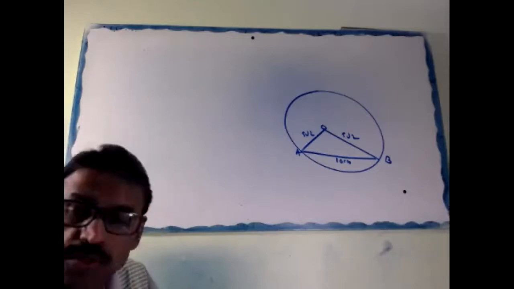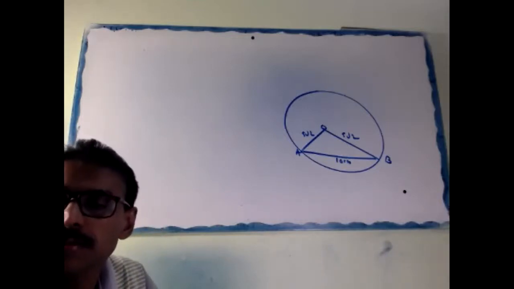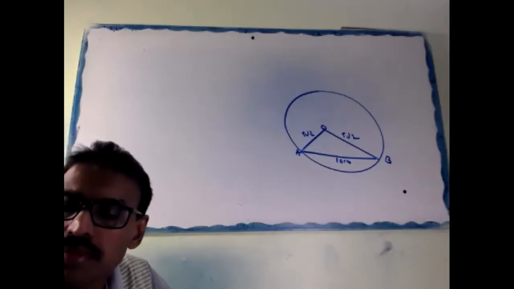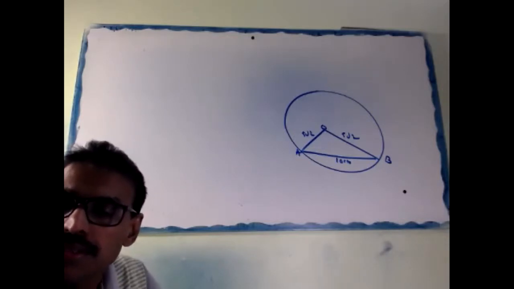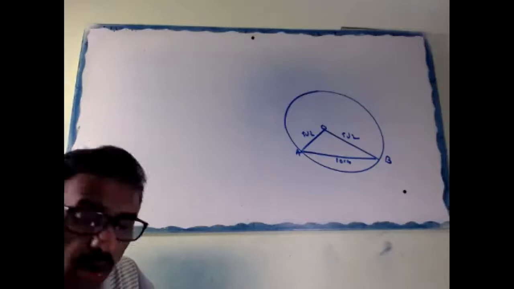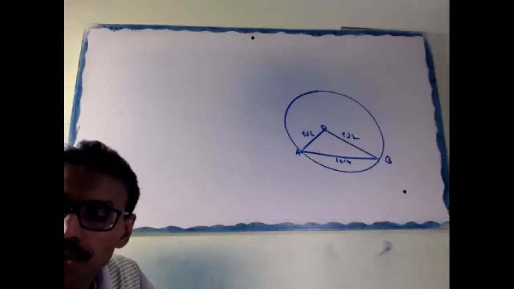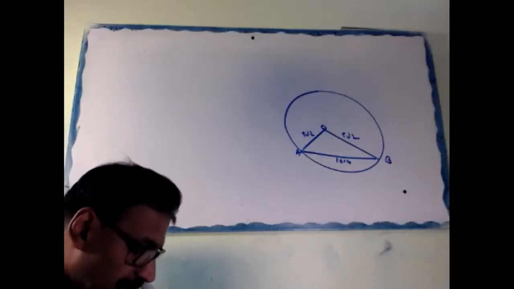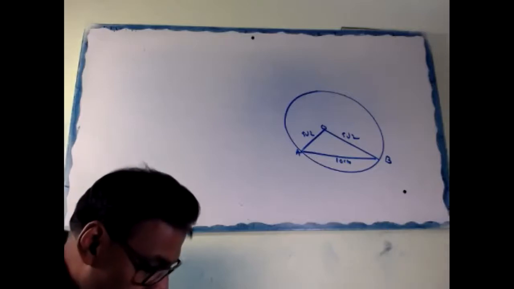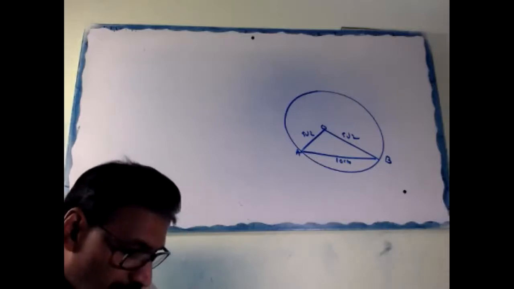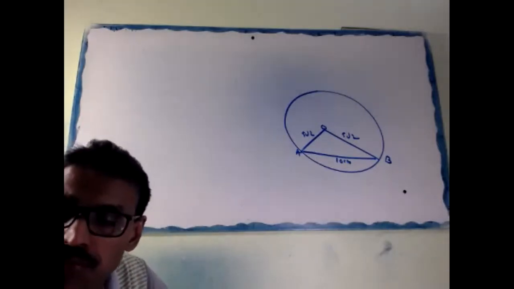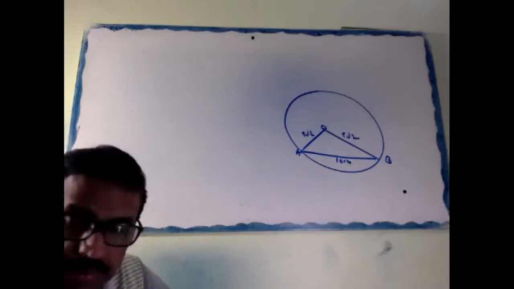Find the area of both segments. Okay, question clear now? Maria, you got the question? A chord 10 centimeter long is drawn in a circle whose radius is 5 root 2. Find the area of the segment.